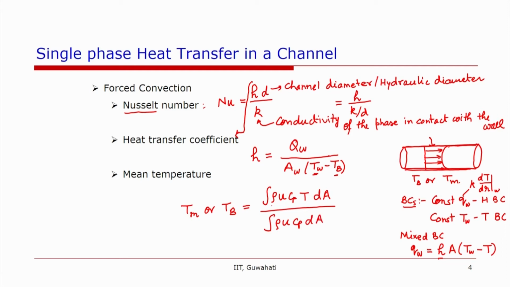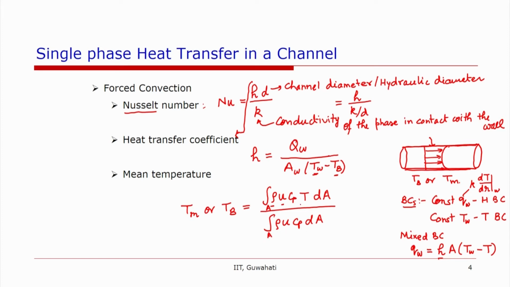So, where rho is the density of the fluid, u is the local velocity of the fluid, Cp is the heat capacity, and T is the local temperature of the fluid, and dA is the area of the cross section. It has to be integrated over the area.